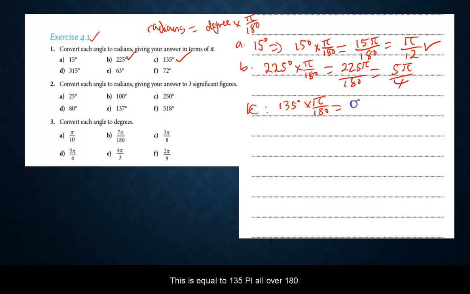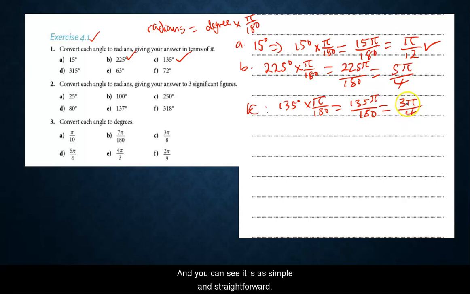This is equal to 135 pi all over 180. And you can simplify that. Use your calculator. You should be able to get 3 pi over 4. And you can see it is simple and straightforward.